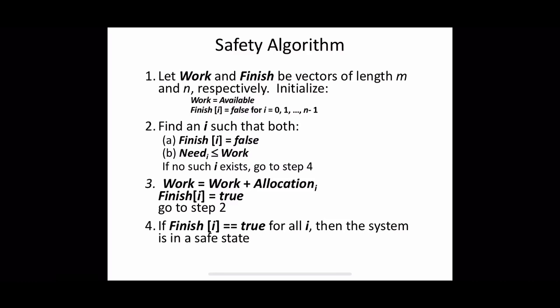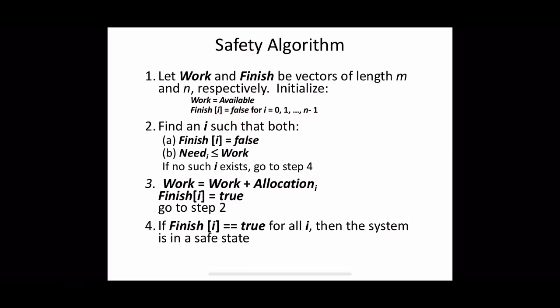Corresponding to each process, an entry will be there in the Finish vector, and Finish[i] equal to false means process Pi is not finished. Initially all the processes are not finished, right? So Finish[i] equals false for all the processes.